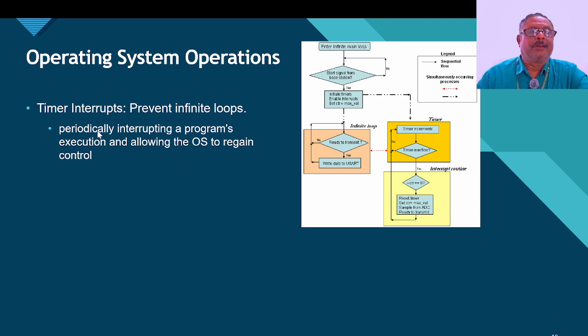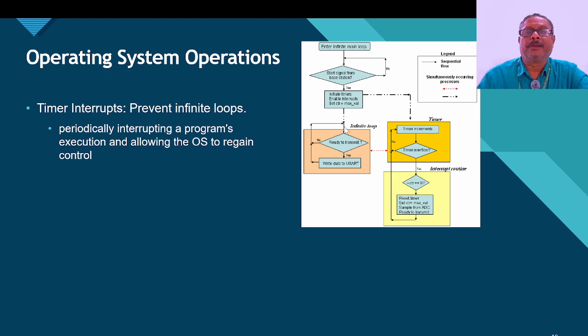This is done by periodically interrupting a program's execution and allowing the operating system to regain control. So if it is going round and round, you ensure that the operating system interrupts the process.